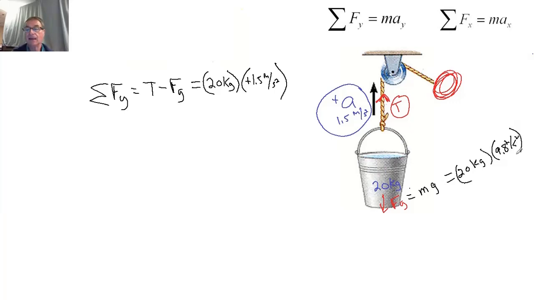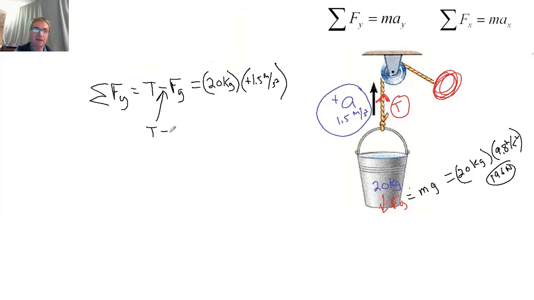Again, I left out the negative sign there because we've already accounted for it. So let's calculate what 20 times 9.8 is, and that happens to be 196 newtons.